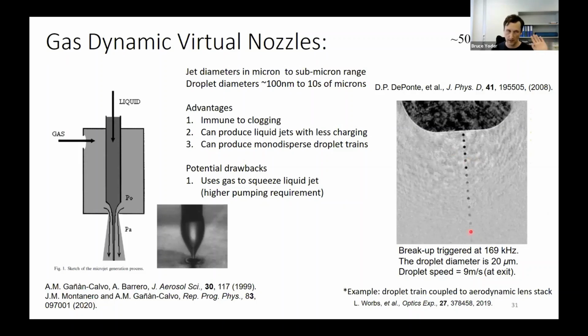It has, in any case, found some applications already where they use the particle stream directly and where the droplet train is coupled to an aerodynamic lens stack. And I'm sure these will be used more in the future. Achievable droplet sizes so far, from what I see, are around 100 nanometers to tens of microns in diameter. So quite interesting.